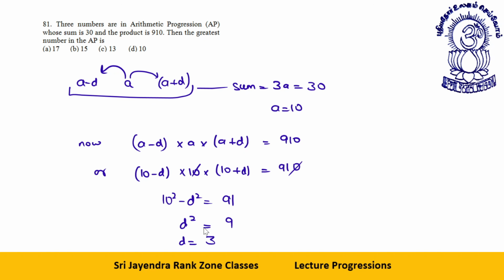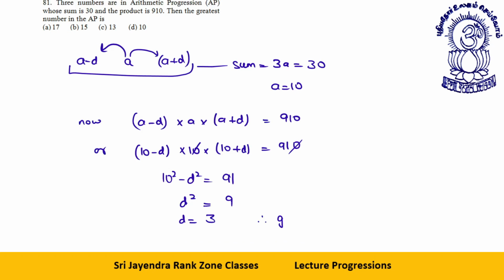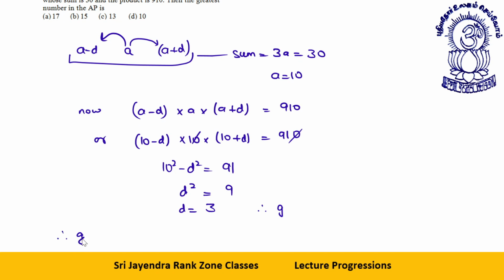What is being asked is the greatest number, so the greatest number is equal to a plus d, that is 10 plus 3, or 13. Option number A is the answer. I hope this is clear to all of you, dear students.